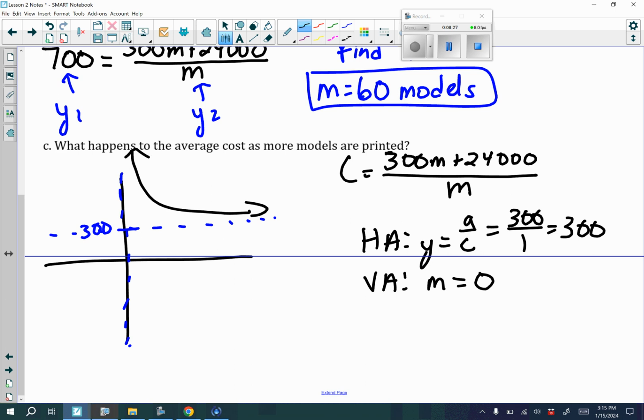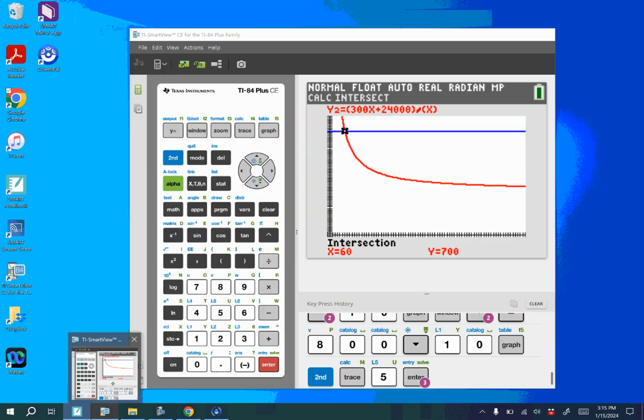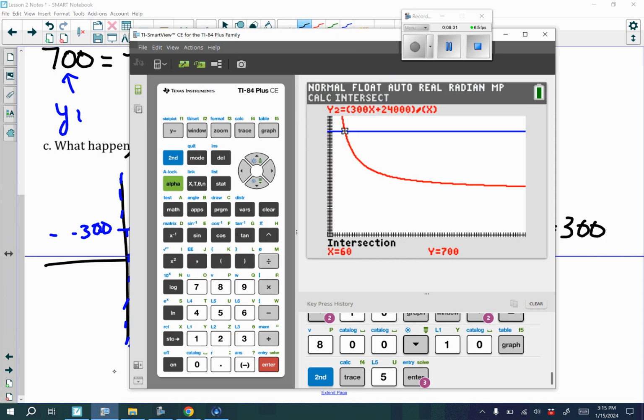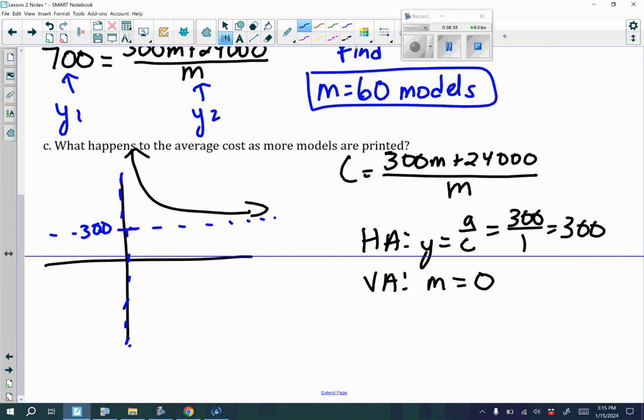As we can tell from our graphing calculator as well. So notice here is what our rational function looks like. I'm kind of just sketching that. Okay, so we can see that our graph is getting towards a value, and it looks like 300.